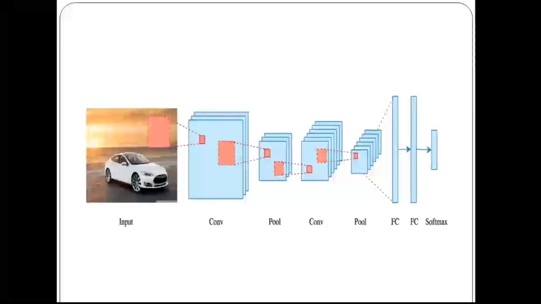Like I have shown in this example, a particular matrix has been taken, it is convolved and converted into a smaller matrix, the number of rows and columns are reduced. Then again we pool. Pooling can be maximum, maybe average pooling or sum pooling, to reduce the size of our input. The size is again reduced. We use convolution again, and lastly, we use the fully connected layer and softmax.